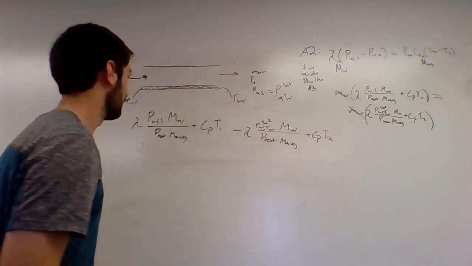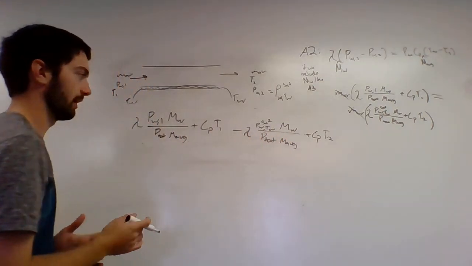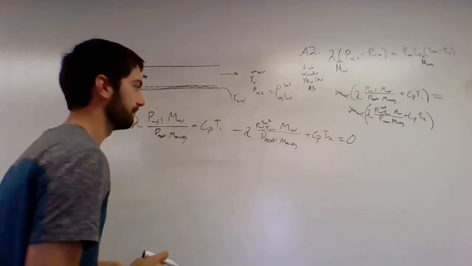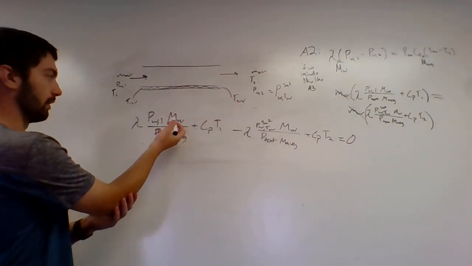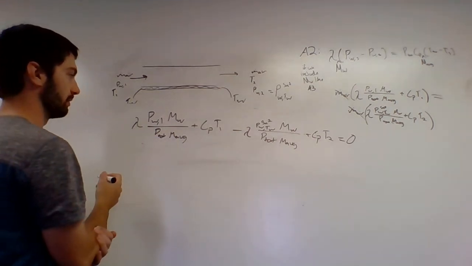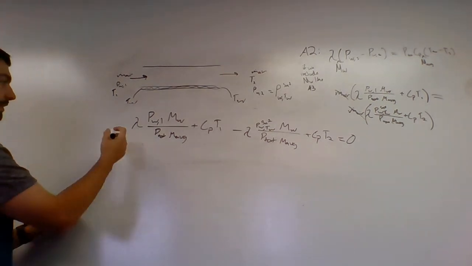T2. Alright, so then we can see that this term and this term have some commonalities. So we can draw out the molecular weight of water, the average molecular weight, the total pressure, and the lambda, heat of vaporization.